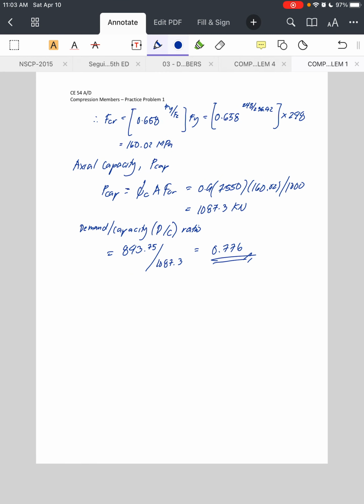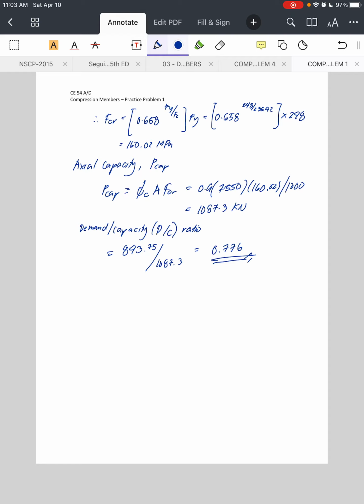So, ganun yun. Yun yung usually na tinitignan pag nag-optimize ng design, pag nasa industry na kayo. Isa sa mga pinaka-tinitingnan talaga yung demand over capacity ratio, ibig sabihin kung pasado na ba.